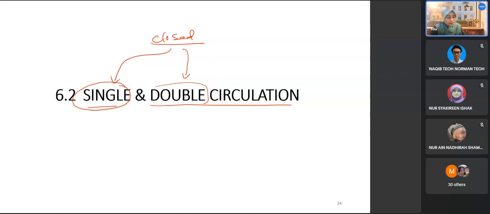So double circulation, dia ada dua. Satu pulmonary circuit, which is to the lung, and then systemic circuit, which is to all body regions.